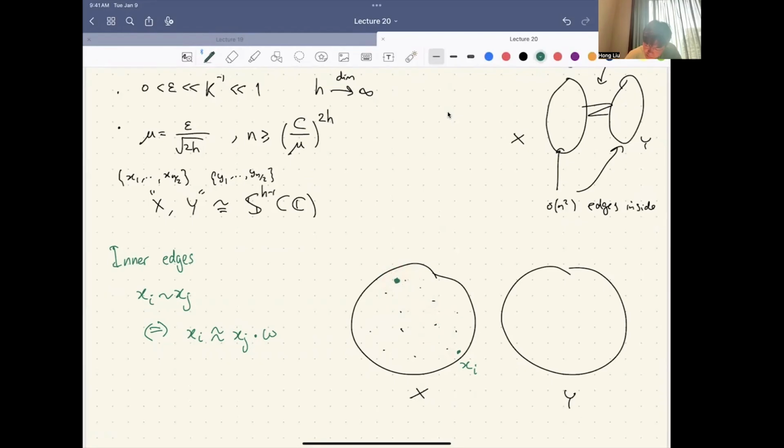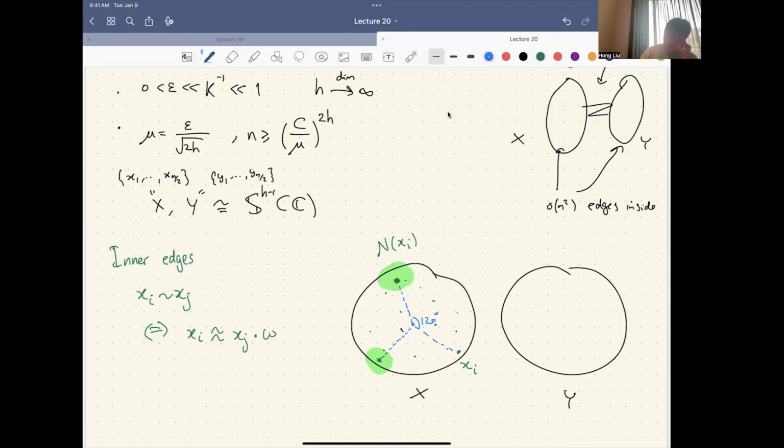And rotate another 120 degrees, so its neighborhood is roughly here. This is how you make the adjacency for inner edges.